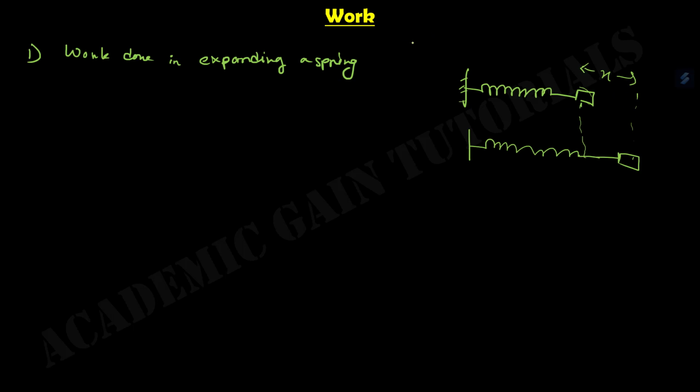So how is the work done on that body? We have to find out. For that we have to know an important feature of the spring. Here x is the extension of the length of the spring, and due to the application of a horizontal force F, a restoring force will be developed.